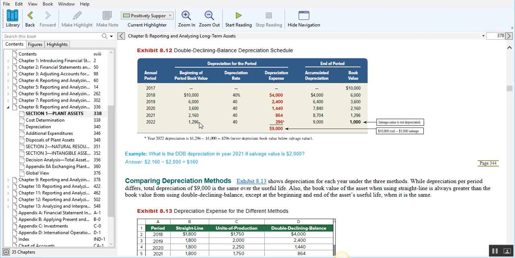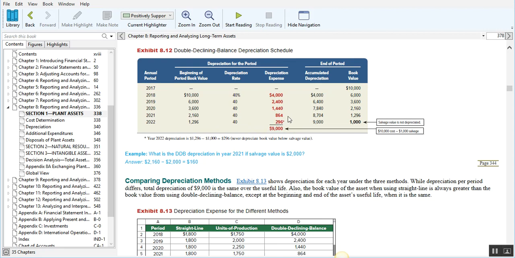We keep doing this. Now I want to point out the last year. We get down to the last year and we have a book value of 1,296. And we still show the rate at 40%, but we are not calculating this at 40%. This is 296, and if we were calculating 40%, we'd be much higher than that.